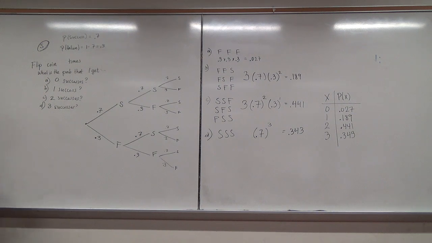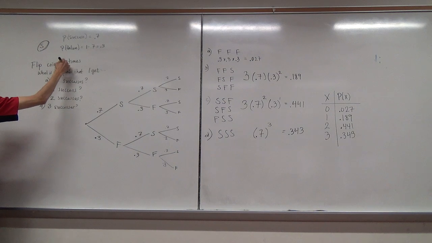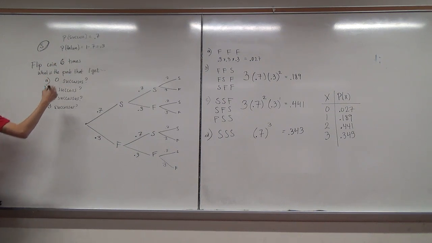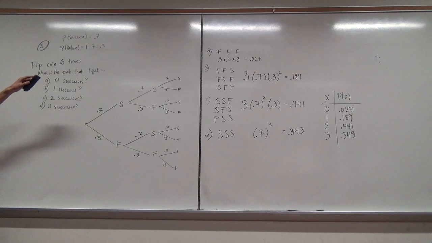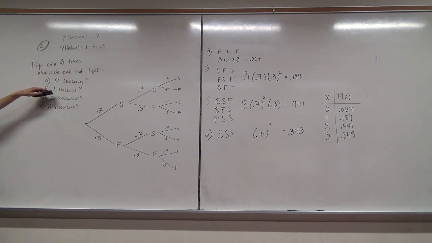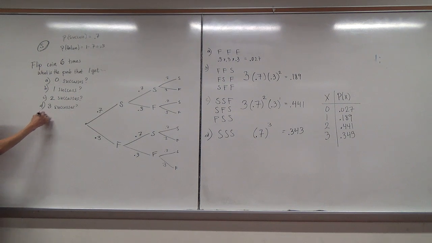So let's say I extend this and I say I'm going to flip the coin 6 times. And I ask, what's the probability that I get 0 successes, 1 success, 2 successes, 3 successes, and I would also have to add the lines for 4, 5, and 6 successes, right?